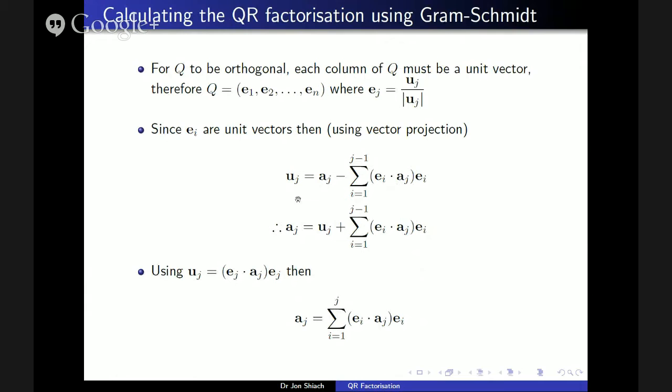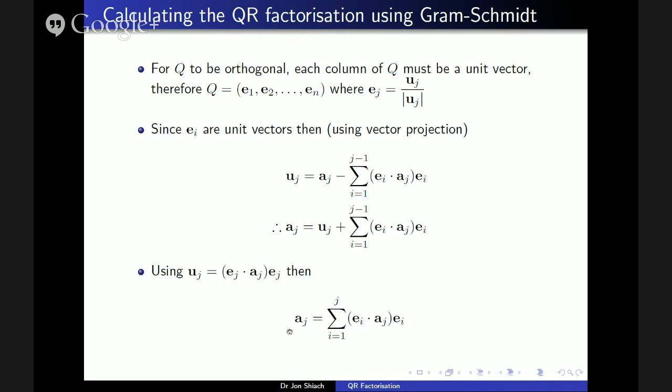I'll rearrange this to make A the subject, so I've just got UJ plus that sum. All I've done is add the sum to both sides of this equation, and we know that UJ is equal to that projection, so we can include UJ in the sum.